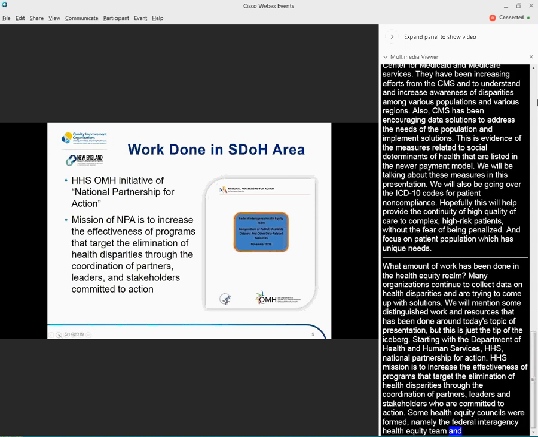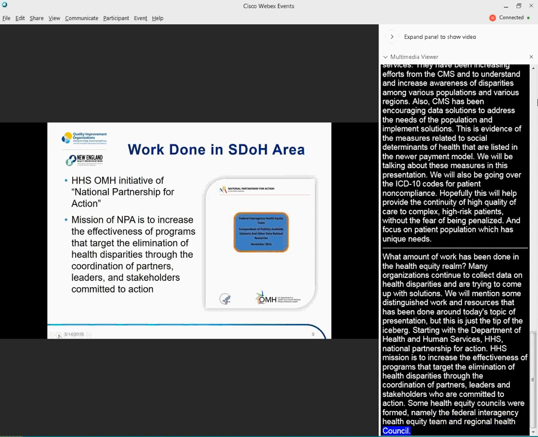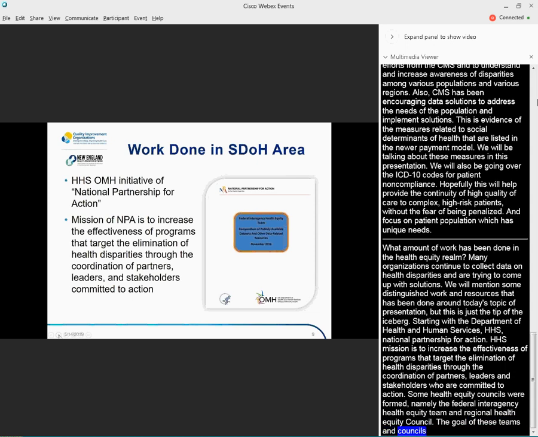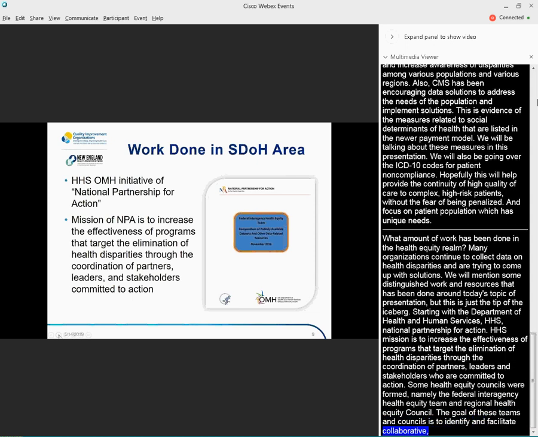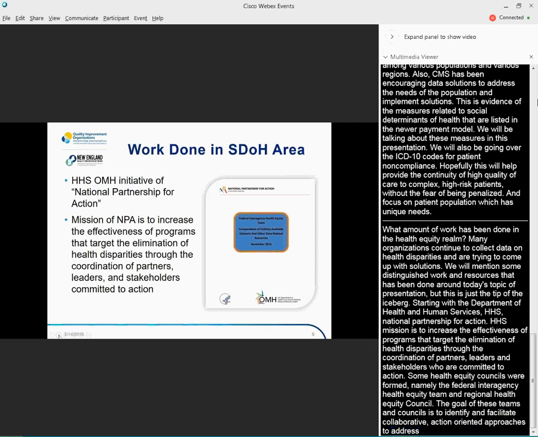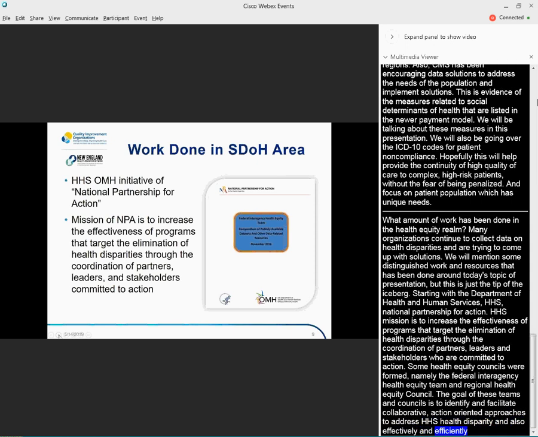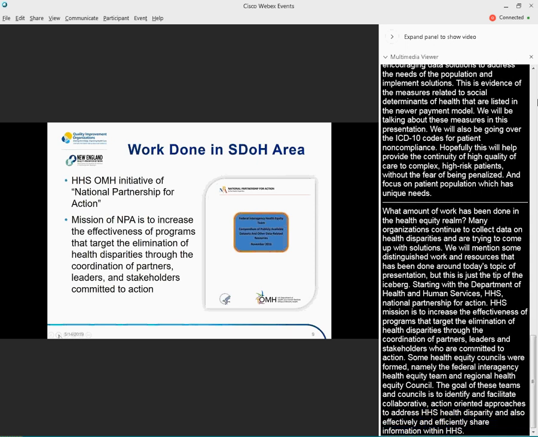The goal of these teams and councils is to identify and facilitate collaborative, action-oriented approaches to address HHS minority health, racial and ethnic health disparities, and also to effectively and efficiently share information within HHS. And to address social determinants of health, we firstly need good data resources.